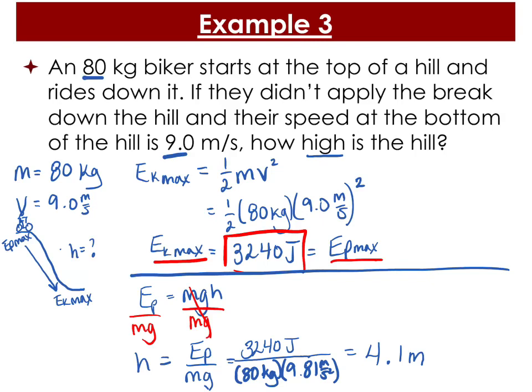Maximum potential energy is equal to maximum kinetic energy. And at this point right now, we're just going to talk about gravitational potential. So just remember the potential energy when it's at its maximum, which is when it's at its highest point, right? So that could be the top of a hill or the top of a pendulum swing. Or if I'm dropping something, it's the height I dropped it from.